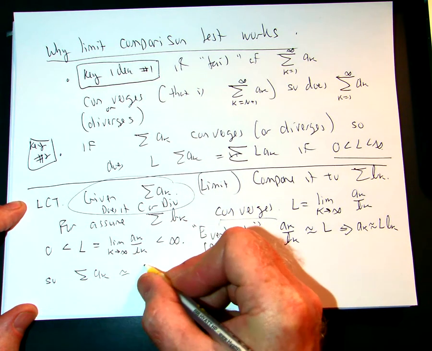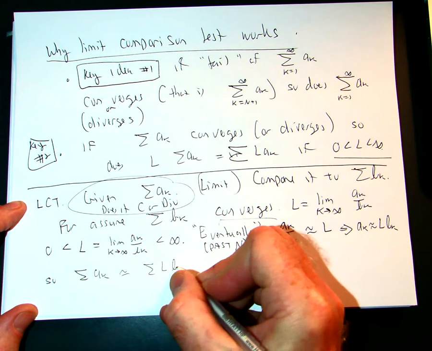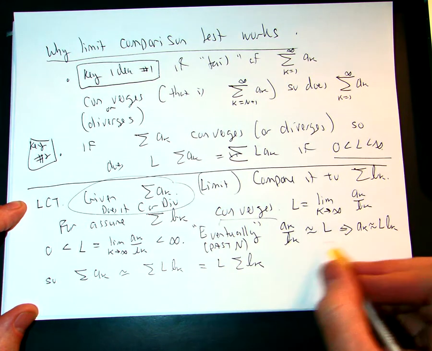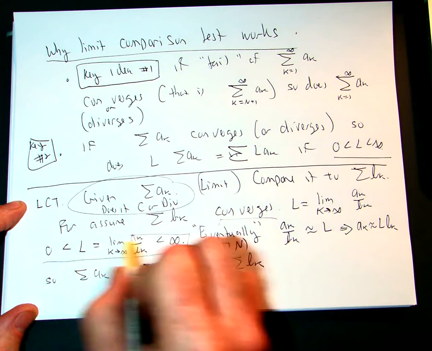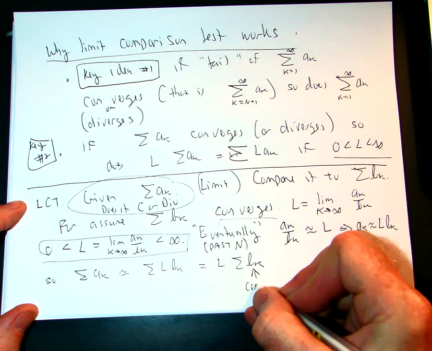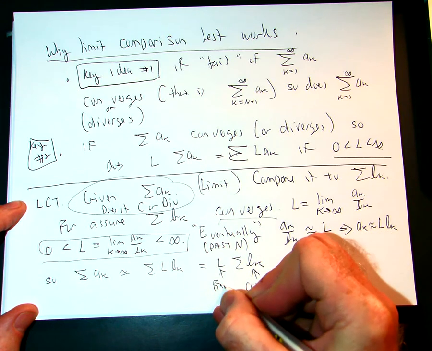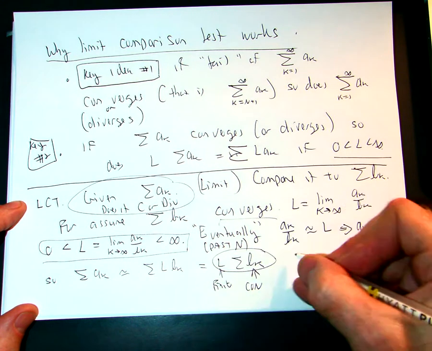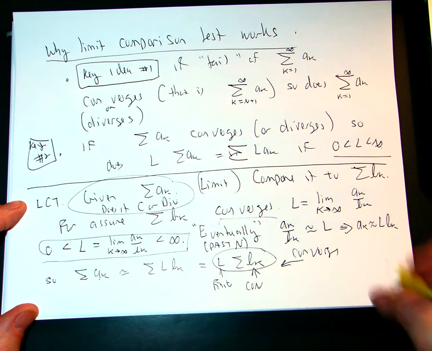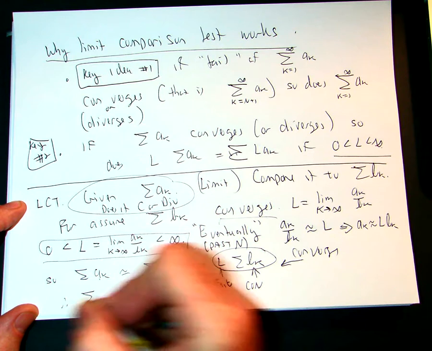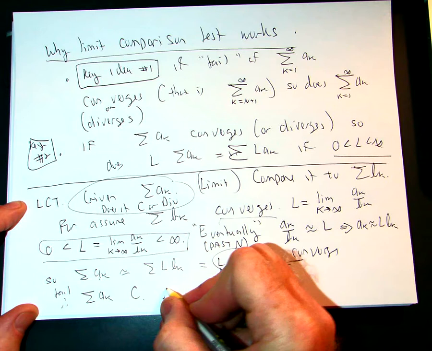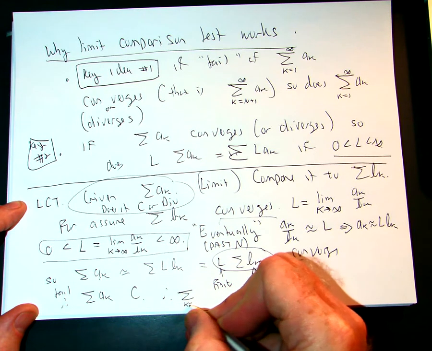So this is about equal to the sum of L b_k, which is L times the sum of b_k. Now this is finite and positive. So that means that we have a series that converges, times a finite number, so this series converges. That means that this series converges. So that's the tail, and that tells us that the entire series converges.